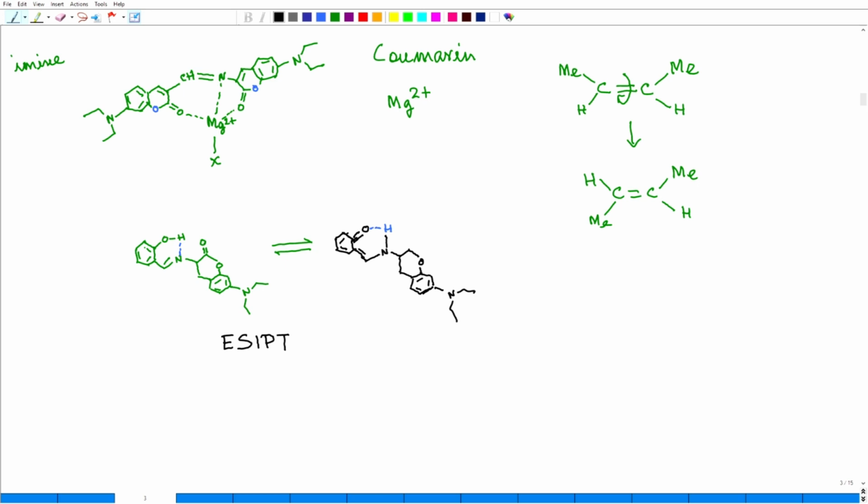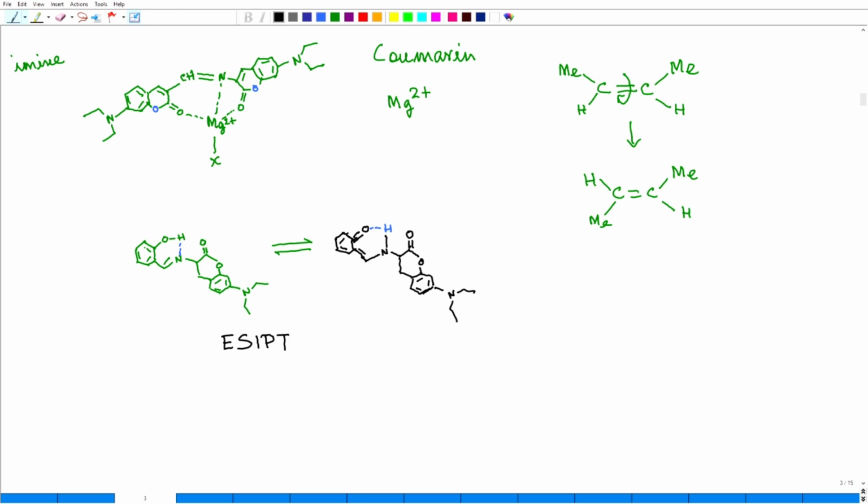And how does it get deactivated? Because there are so many transfers going on here, from here to here. Compound must be right, it cannot have any mistake. Because of this ESIPT mechanism, hydrogen got transferred.